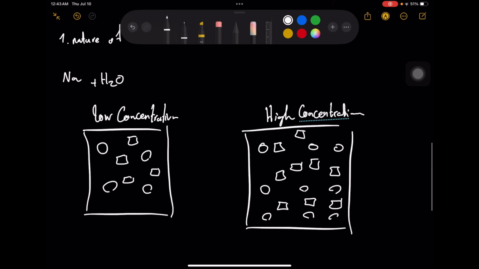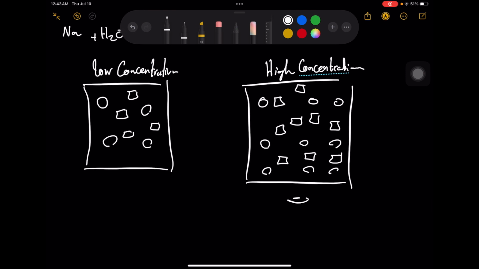So which one do you think would have a higher rate of collision? Obviously this one, because there are more reactants in here. This is just statistics and probability. Imagine you're in a room with only 8 people in it, and I tell those people to run. What's the chance of those people colliding with each other?